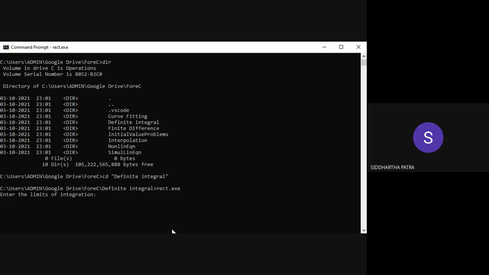So I'm integrating 1 by x from 1 to 2. If I integrate 1 over x between 1 and 2, what would be the definite integral value? It would be ln of 2.